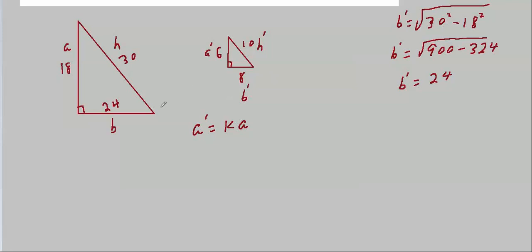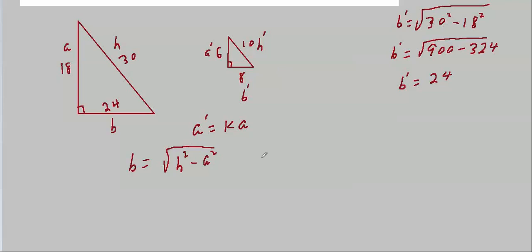Well, over here, this side b is going to be the square root of h squared minus a squared. Okay, so far so good. What's this side going to be? What's b prime?